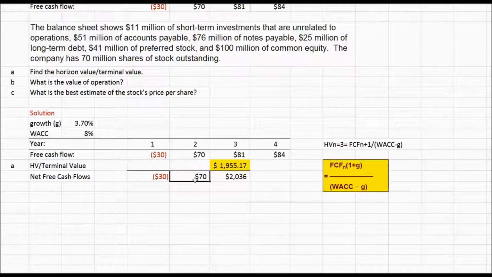Okay, so what is the value of operation? Now we are doing number B. Number B: what is the value of operation?